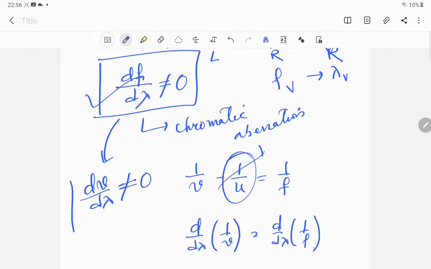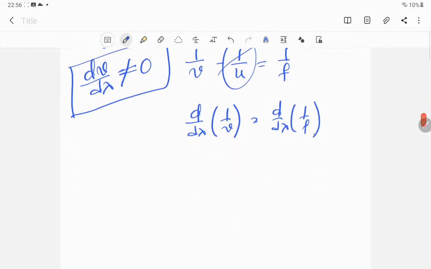So for chromatic aberration we have two mathematical statements: df by d lambda is not equal to 0, and similarly dv by d lambda is also not equal to 0. So now what happens in achromatism? Achromatism is nothing but the opposite of chromatism.